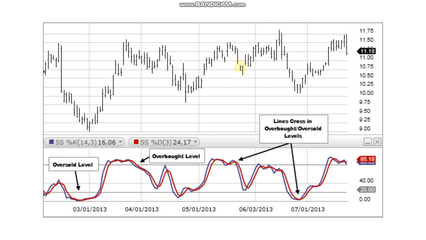And when market went down, stochastic indicator also gave us a signal that yes, market is about to go down. So whenever there will be a crossover like this towards the downside, it means that market is going down or about to go down. And when there will be a crossover and it will start going upward, it will indicate that yes, there is a high chance that market is about to go up. So this is how a stochastic indicator works, and it looks like.